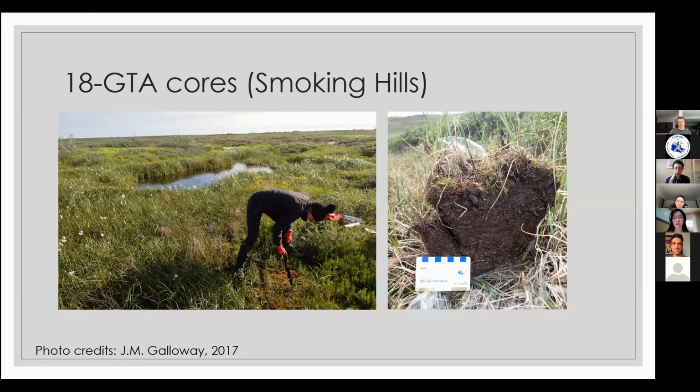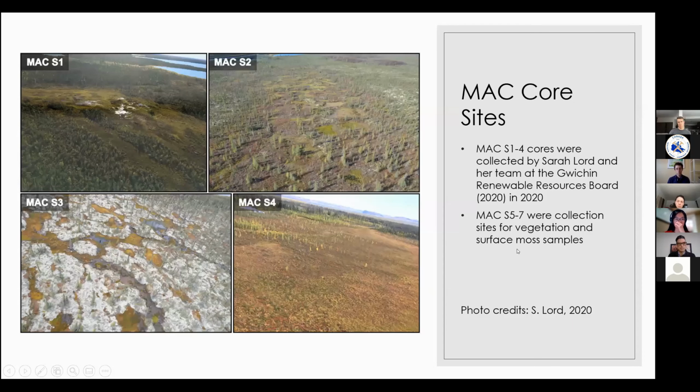This is an example of one of the peat monoliths that my supervisor collected while doing geological bedrock mapping. So this wasn't collected using a core, but just by a shovel. And then we have the actual Mac cores, which were collected by Sarah Lord and her team at the Gwich'in Renewable Resources Board in 2020.